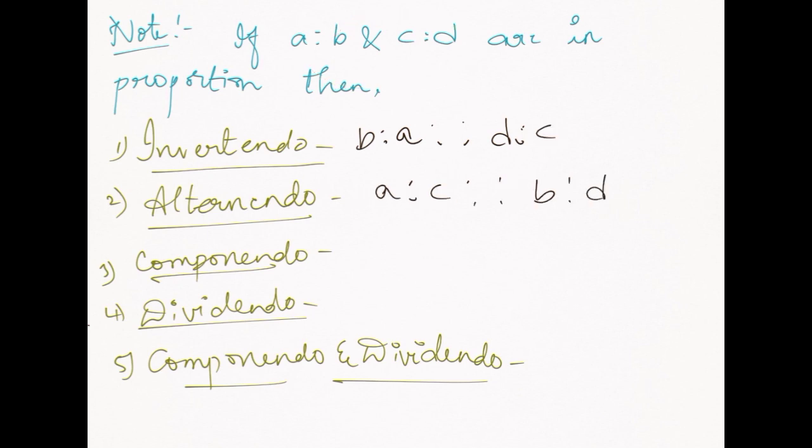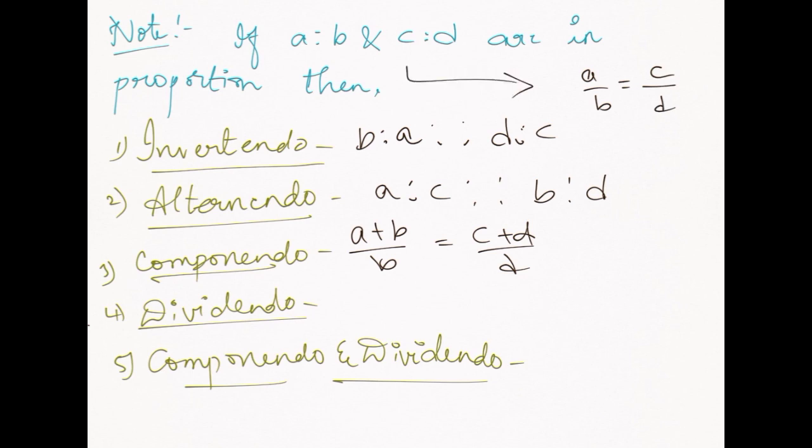Okay, so componendo is a plus b by b equals c plus d by d. See, the general format is a by b equals c by d, right? This is what proportionality means. So if you are writing using componendo, you will add the denominator to the numerator and write.